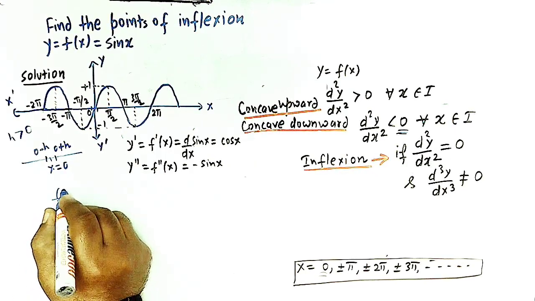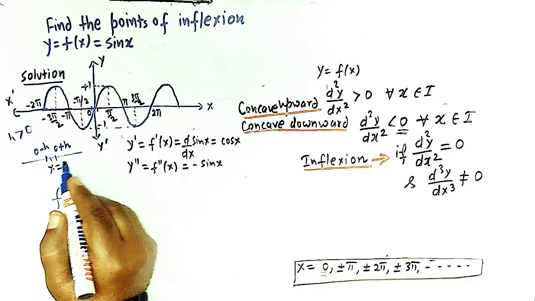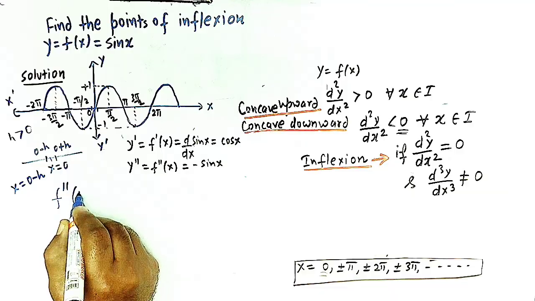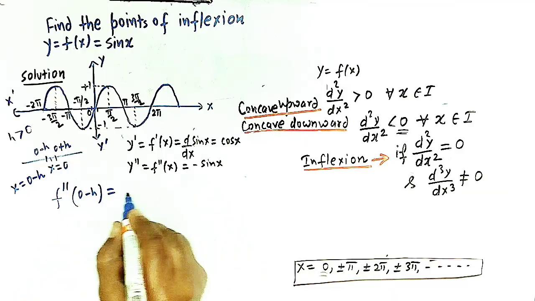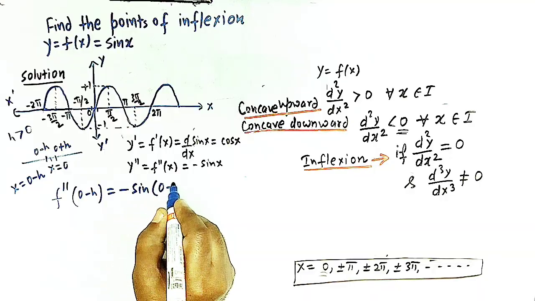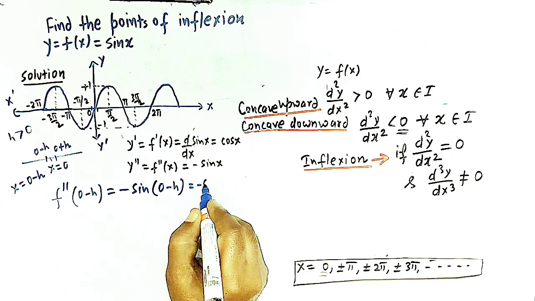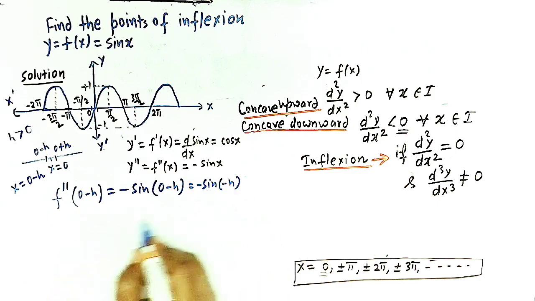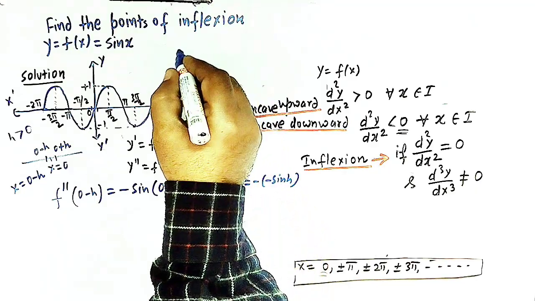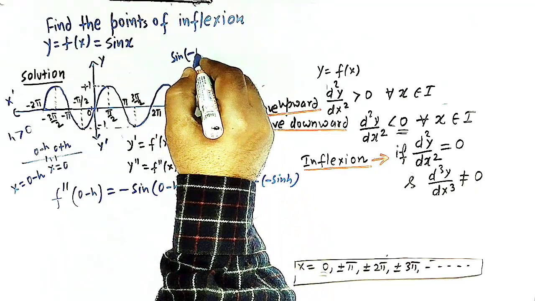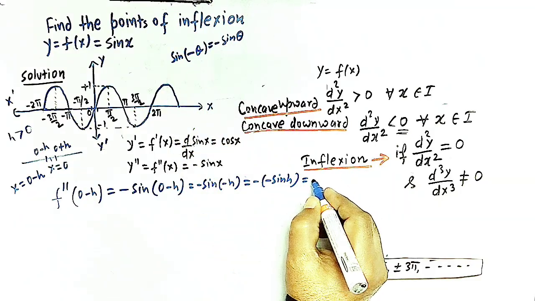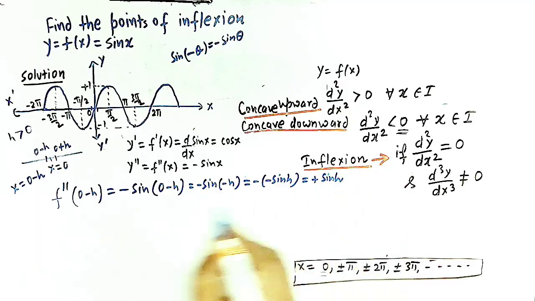So now here we have f double prime, and first we take x is equal to 0 minus h. So we have minus sine of 0 minus h, right? So this is minus sine of minus h, and this is negative of minus sine h, because we know that sine of minus θ is equal to minus sine θ. So this is now positive sine h, right?